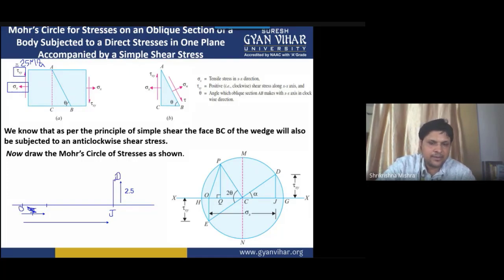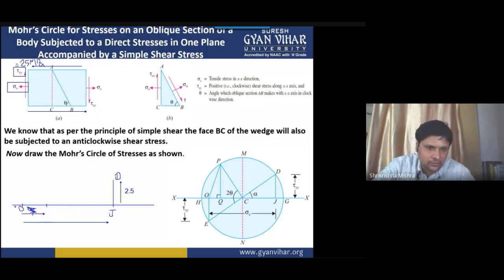And in the same manner, we all know there is also some complementary shear stress acting. So at this point O, we will draw a line in the negative direction. Why? Because whenever there is a shear stress acting along a plane, there is always a complementary shear stress opposite to it. In the y direction, along sigma y, which is not available here, there is an anti-clockwise shear stress.